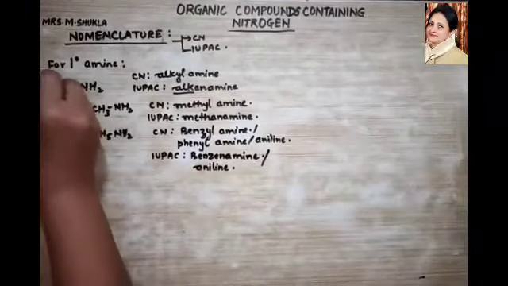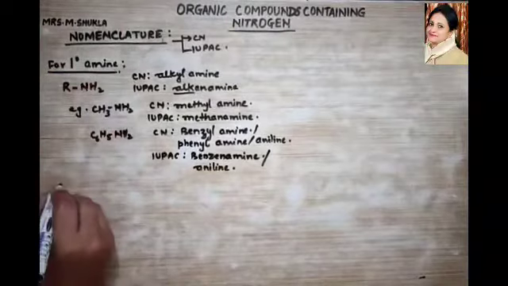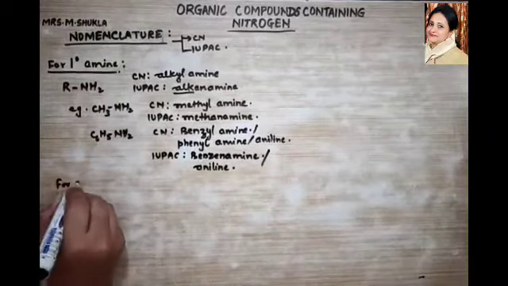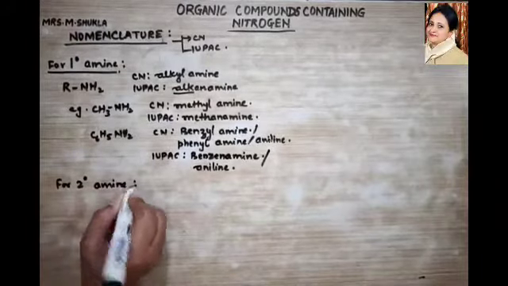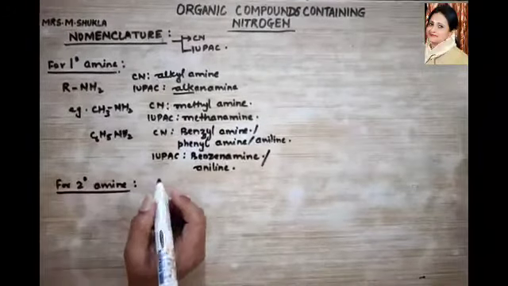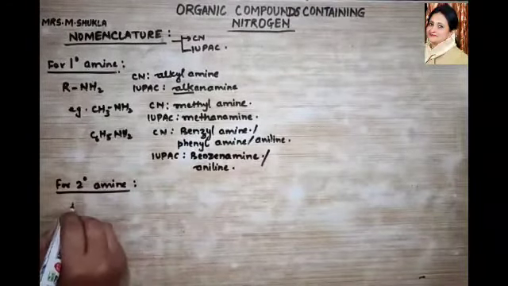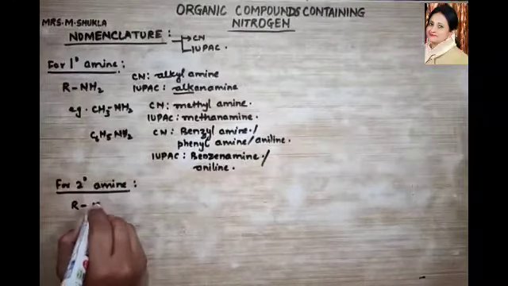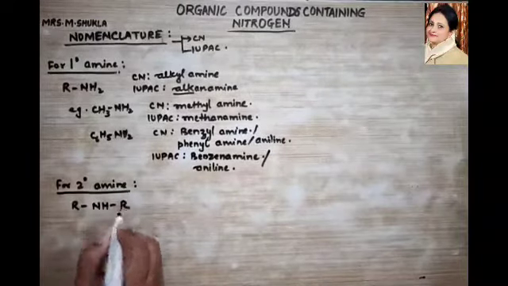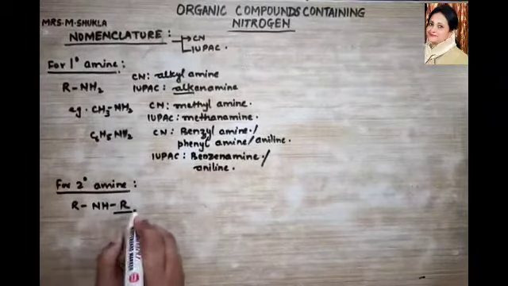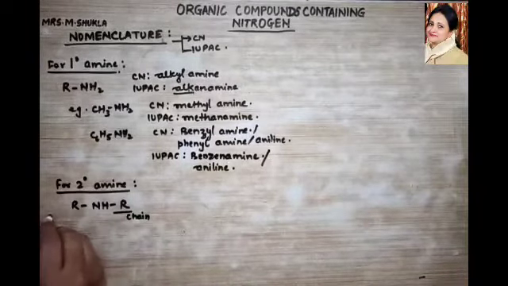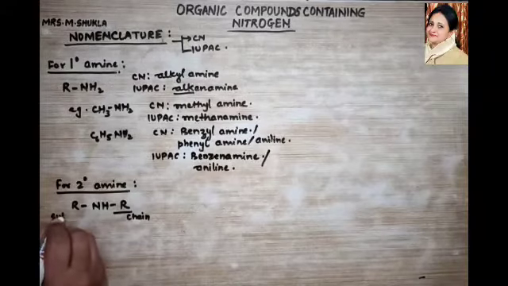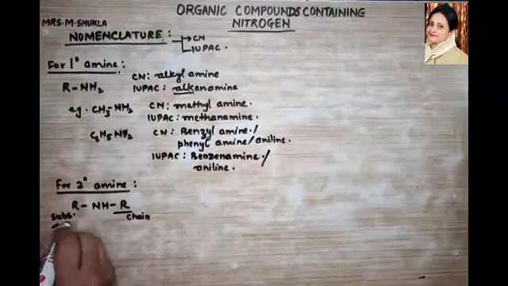This was your primary amine. Now for your secondary amines, look at how to name them. For example, let's take a general formula NHR. This will be your chain, and this is your substituted group.